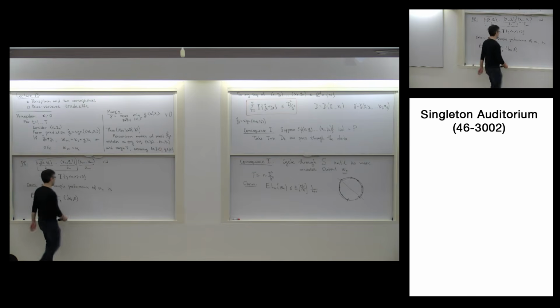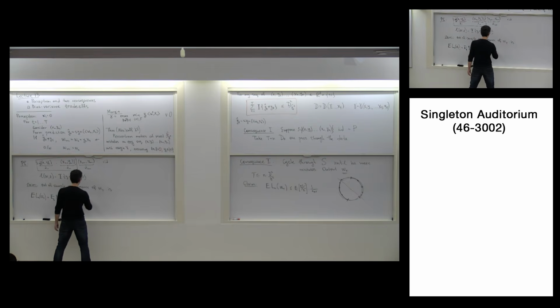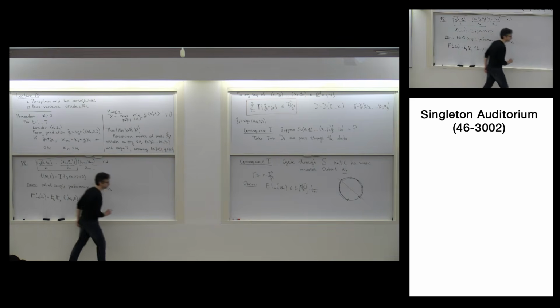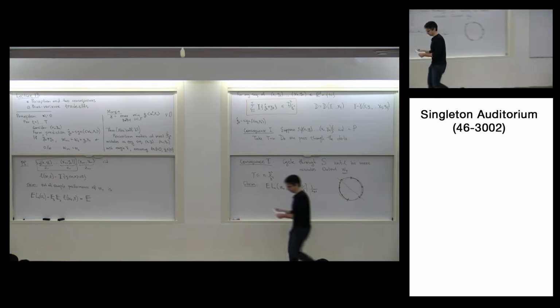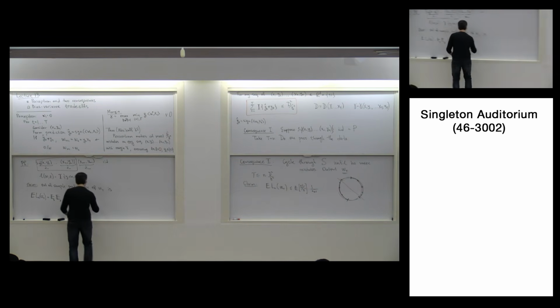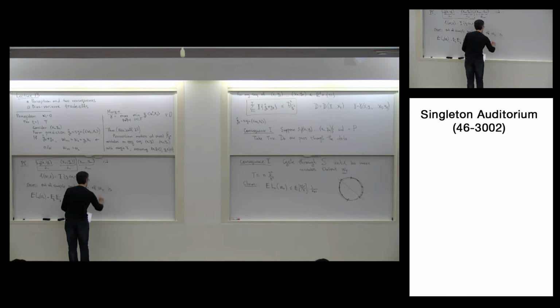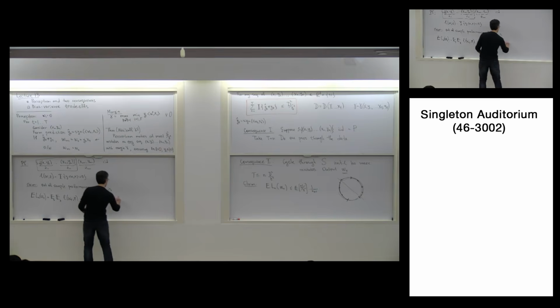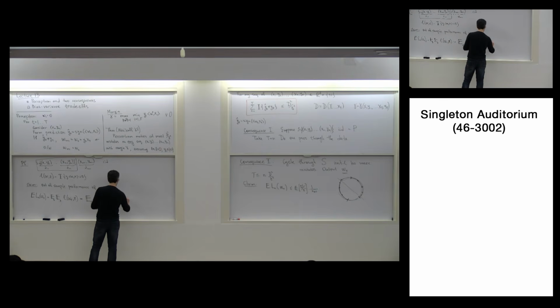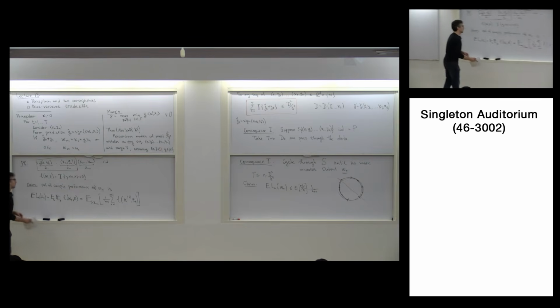Now, what is the claim? The claim is that this can be written as the expectation over, just to keep with my notation, S and Z_{n+1} of 1 over n plus 1, sum t from 1 to n plus 1, loss of W minus t on Z_t.